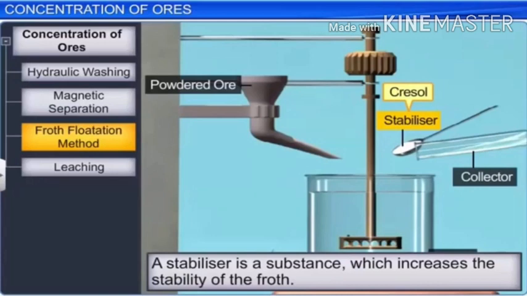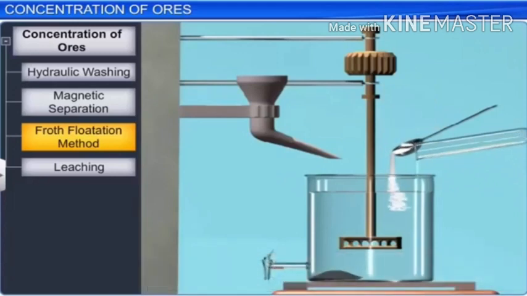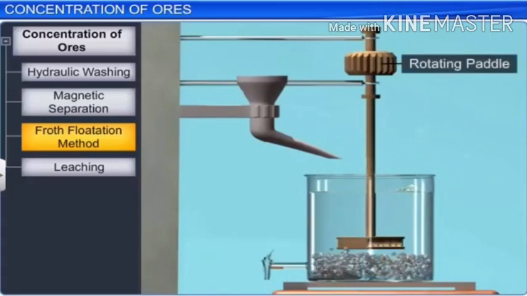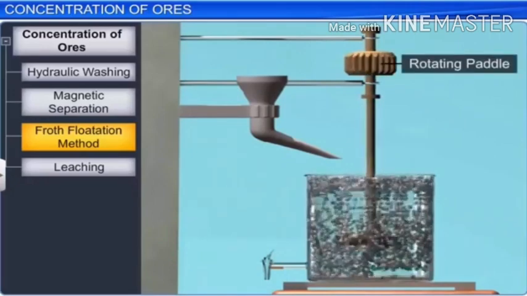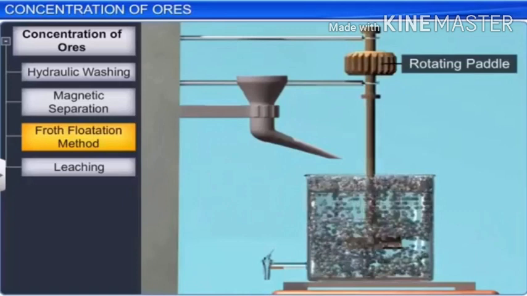It will stabilize the froth which is formed, and we will agitate it using a rotating paddle. When the agitation is going on, air will be drawn inside and the froth will be formed.